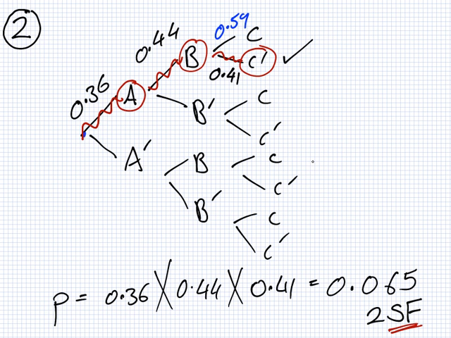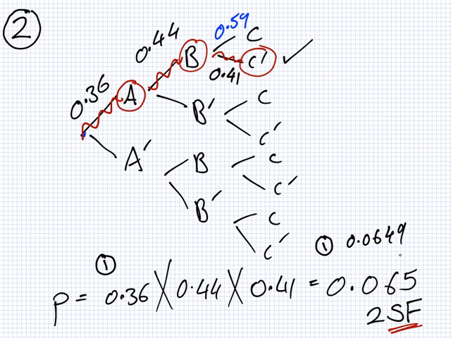Let's have a look here. Let me see what the marking scheme says. It gives 1 mark for writing this, and then 1 mark for writing this.